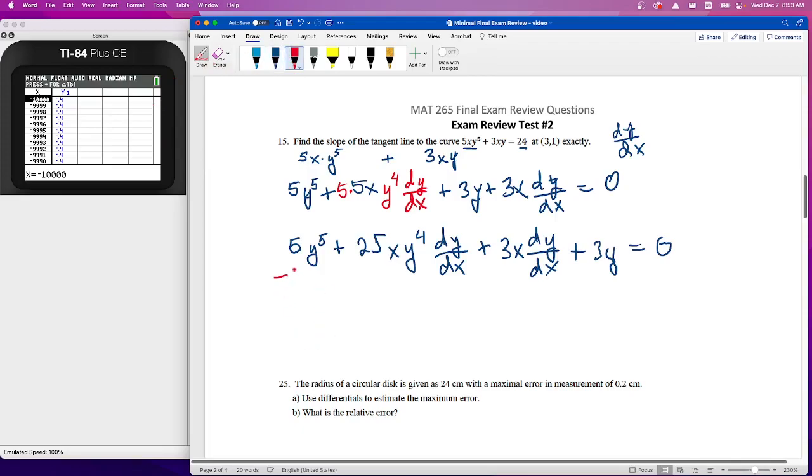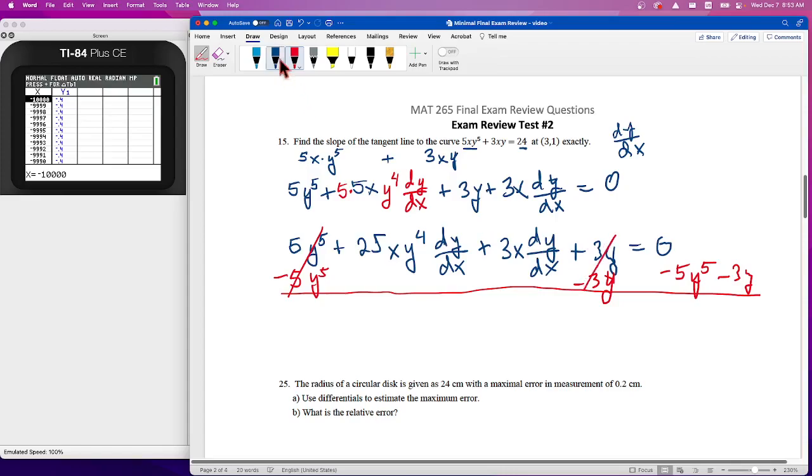So we want to subtract everything that doesn't have a dy/dx so that it gets to the other side. So those come over here. Right, so these are 0, these are 0. And at the same time, I'm going to factor out this dy/dx.